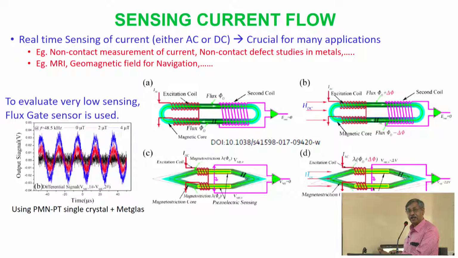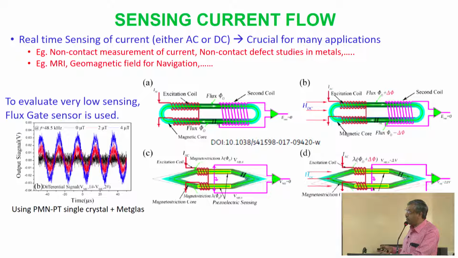But in the case of the magnetoelectric material, your magnetoelectric material will be here. You have the pickup coil, your excitation coil, which gives you the strain, and the generated output you will be able to measure. But the problem here is that the excitation you are giving will also get induced into that, and both the measurement frequencies are going to be the same. So you have to avoid that properly.